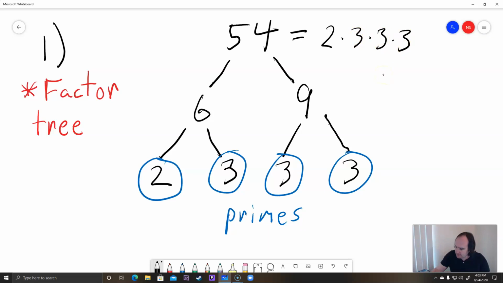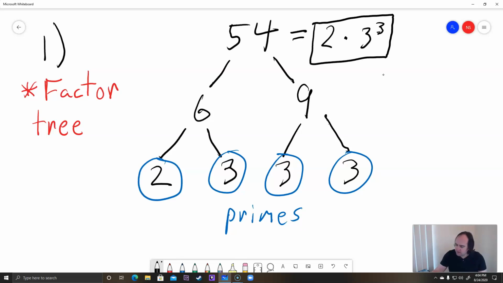Okay, so instead of writing 2 times 3 times 3 times 3, I'm going to write 2 times 3 cubed, or 3 to the third power. Okay, and then this thing right here is going to be our answer. So 2 times 3 cubed, this is called the prime factorization.